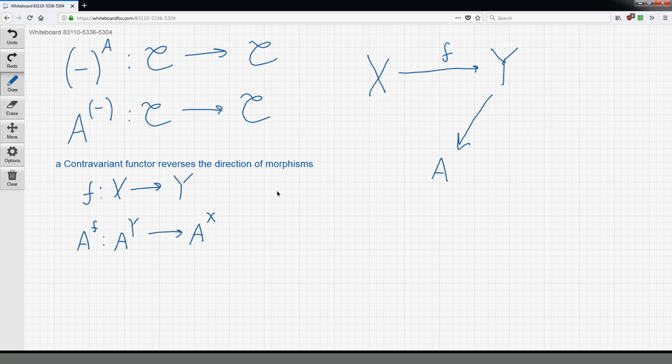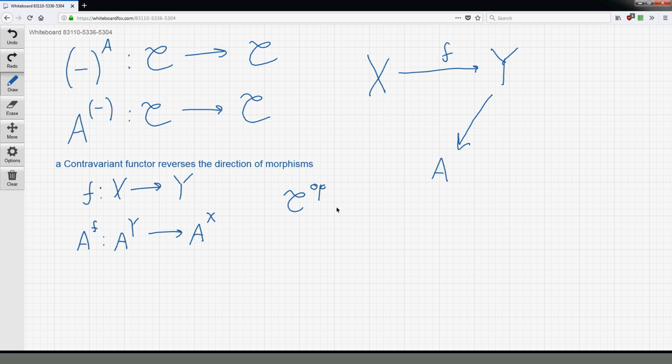If you recall, the opposite category, which we write like that, is the category C but with all the morphisms reversed. So instead of a morphism from x to y, you have a morphism from y to x, right?